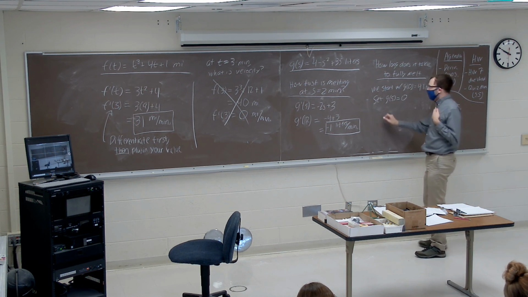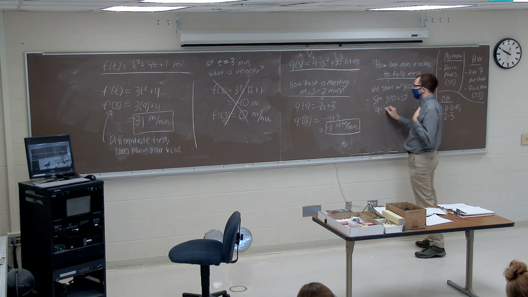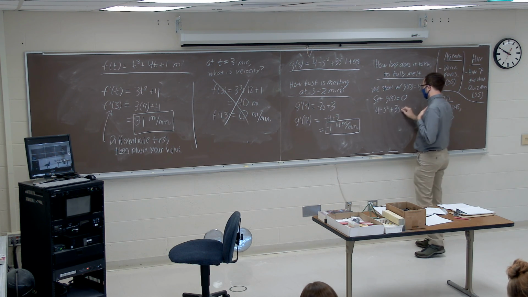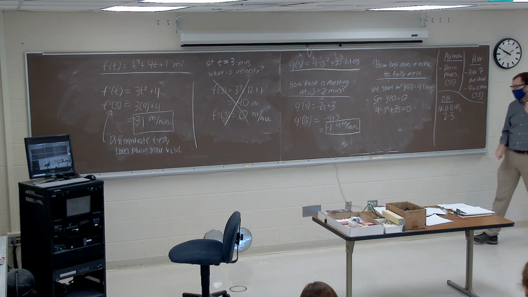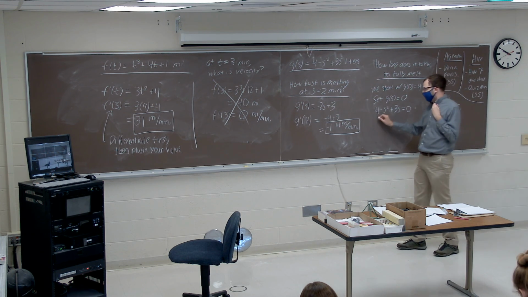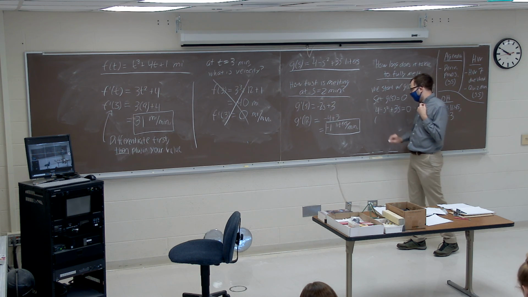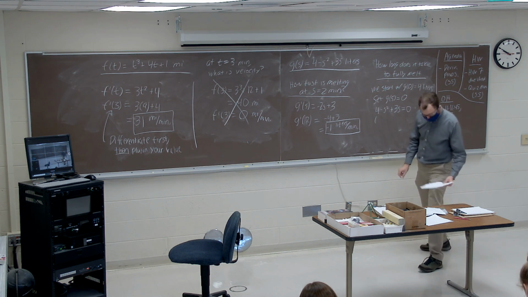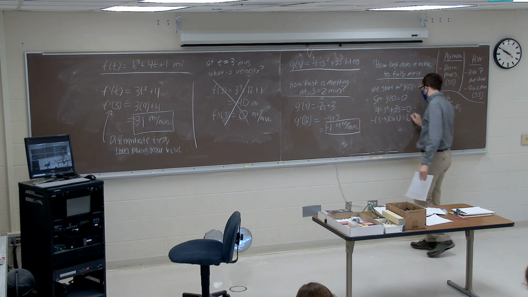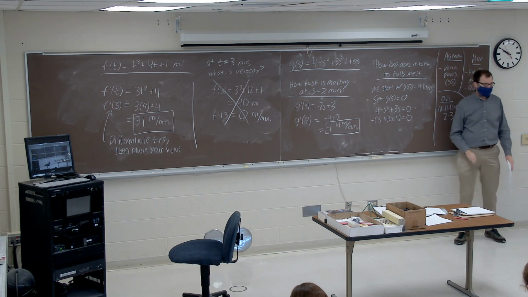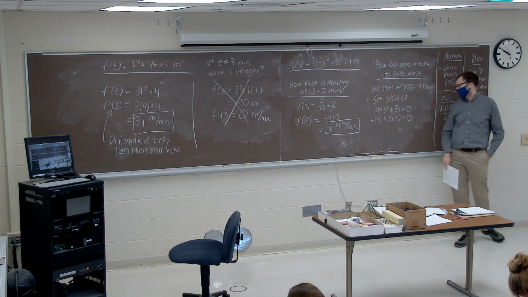Which, if we do that, we'll get 4 minus s squared plus 3s is equal to 0. Which, if we factor, is going to give us negative (s minus 4) times (s plus 1) equal to 0.